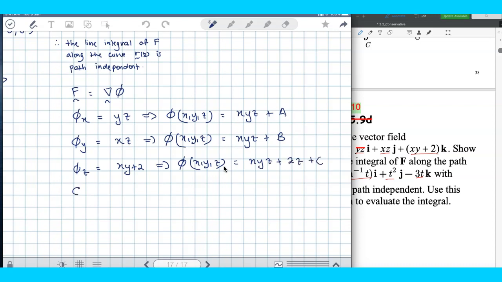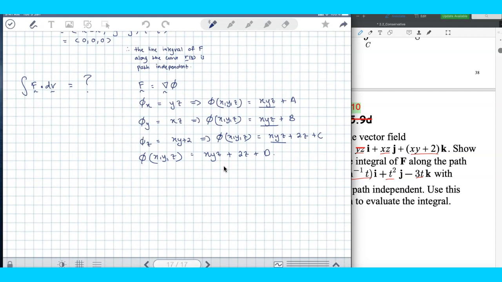When we combine them all together, they are the same, so we just take one: xyz plus 2z plus d.